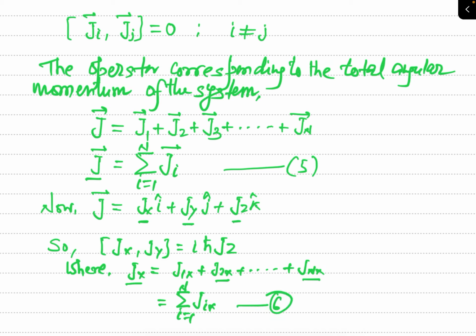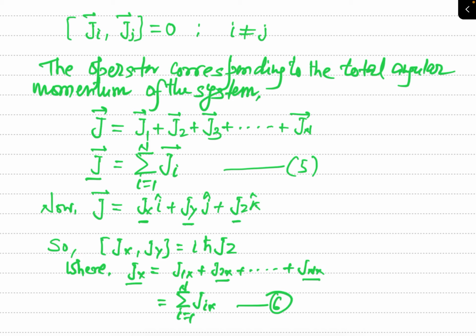So in this way, the simple technique to find the total angular momentum operator for a system of particles is very simple. You have to simply add vectorially the angular momentum operators corresponding to each and every particle.